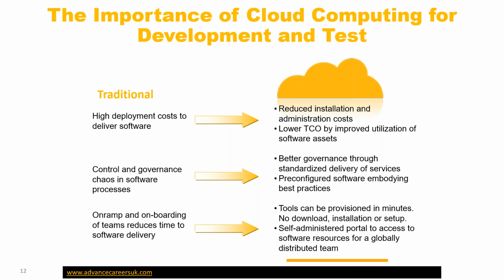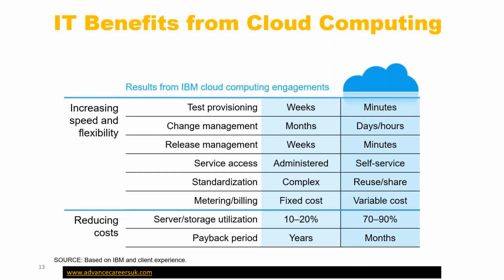Installation or setup, self-administered portal to access software resources for a globally distributed team. So cloud just makes life very sweet indeed. So some benefits: test provisioning. Traditionally, it takes weeks. With cloud, it takes minutes. For testers and automation testers, when we used to run regression tests in those days, it took us about 1 to 2 weeks.